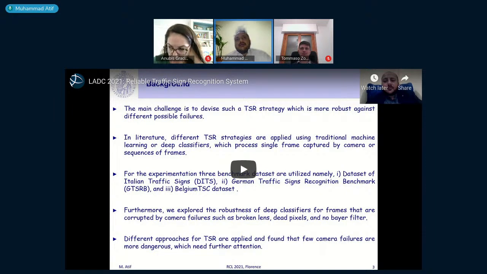And for the failure detectors, currently we are working on this, and experiments are going on, and our conjecture is that combining the failure detector with the TSR component will increase the robustness of the classifiers and the TSR system overall. So currently the experiments are going on.